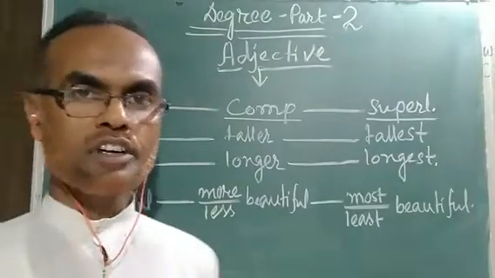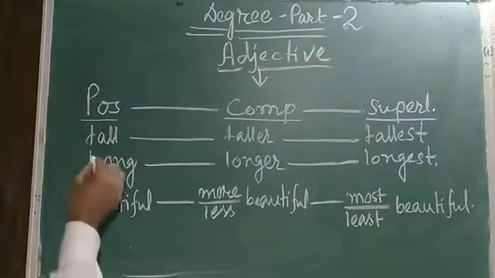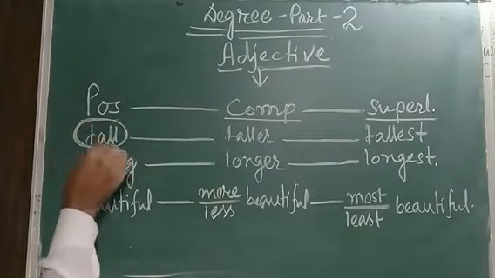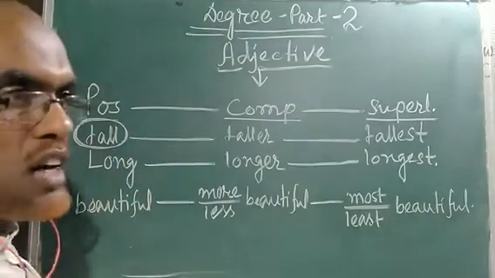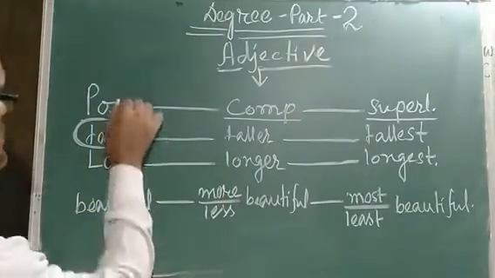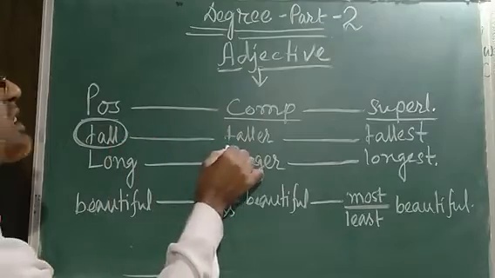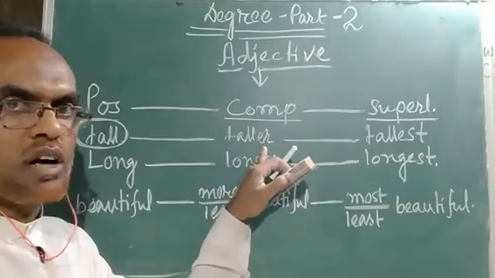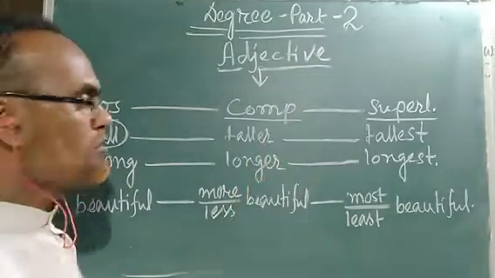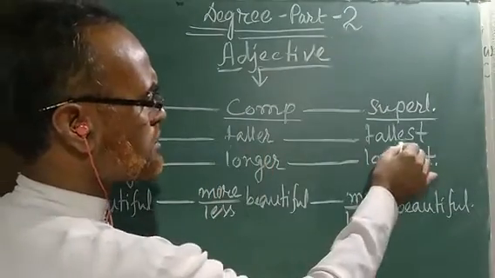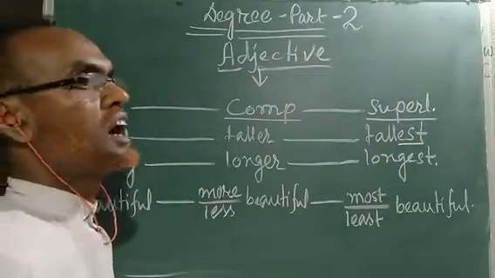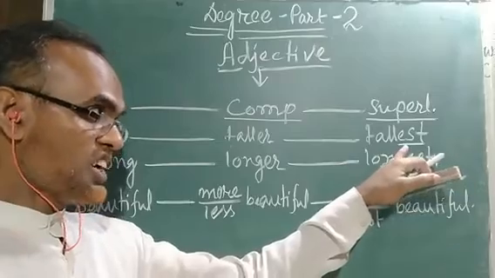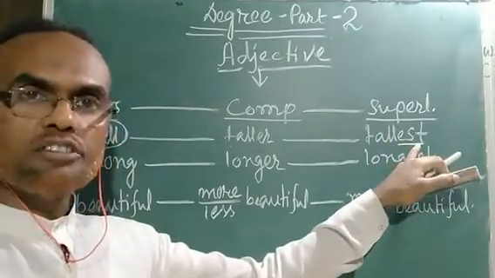If there is a word in a sentence like tall, a simple adjective word, then it is positive degree, and if er is added with the adjective word, then it is comparative, and if est is added with any adjective word, then we can say that it is superlative degree.